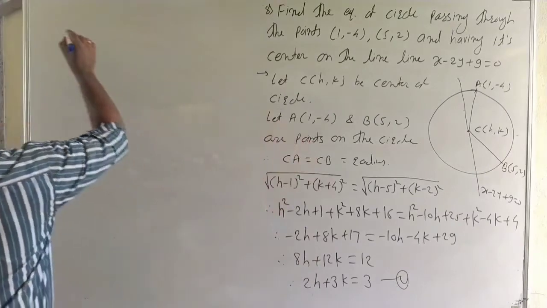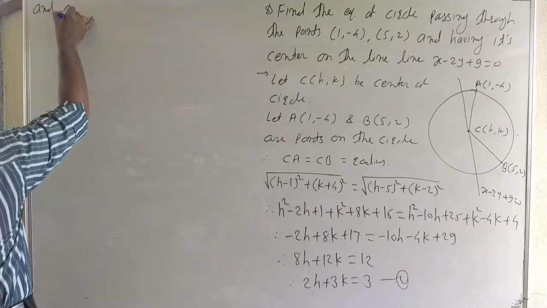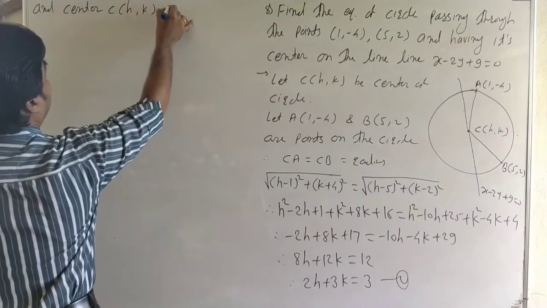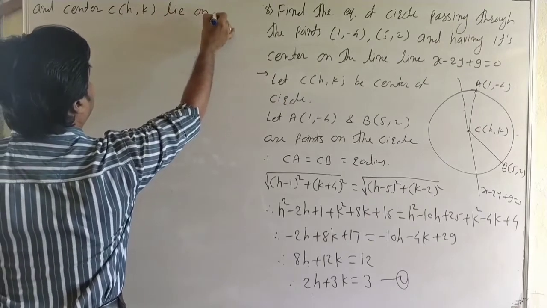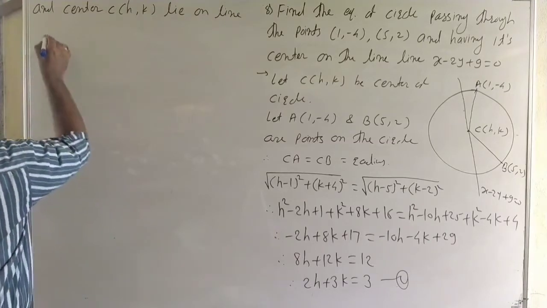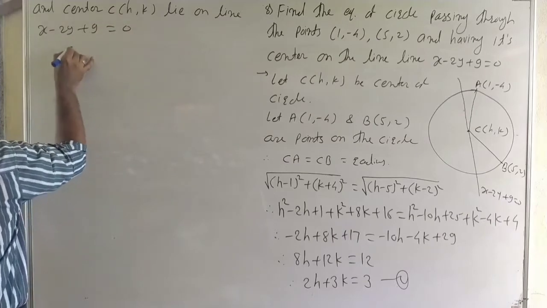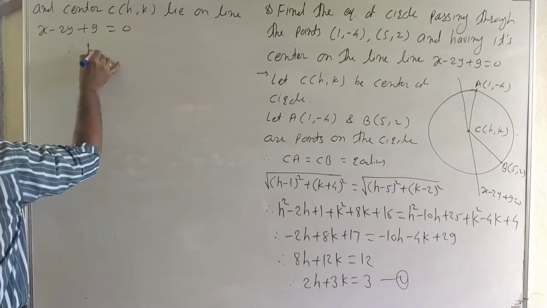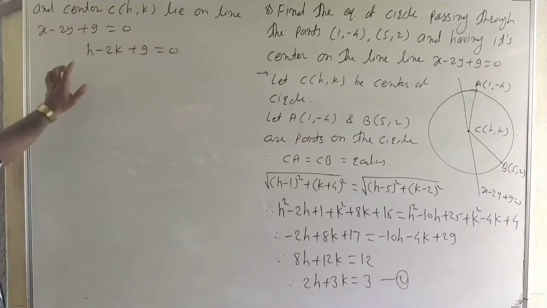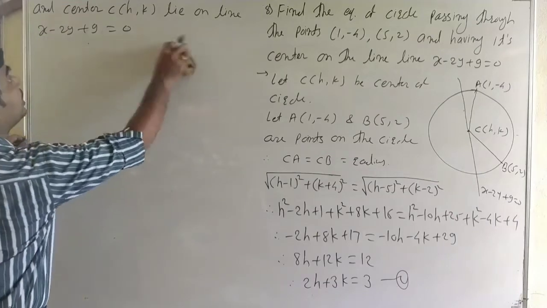Now, given that center C(h, k) lies on the line x minus 2y plus 9 is equal to 0.